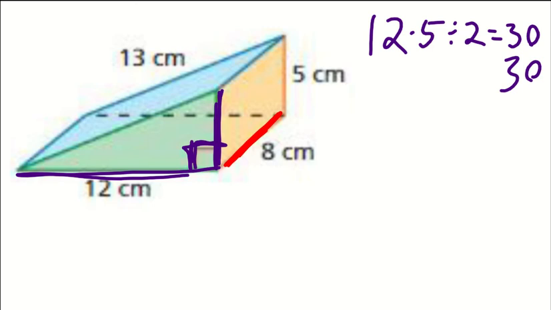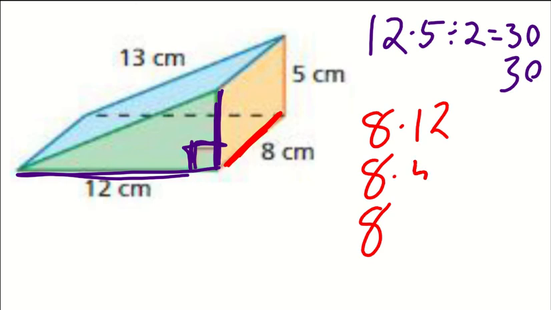What number is that? 8. All 3 rectangles use the 8. The other 3 numbers are the 3 sides of the triangle. So, 12, 5, 13.